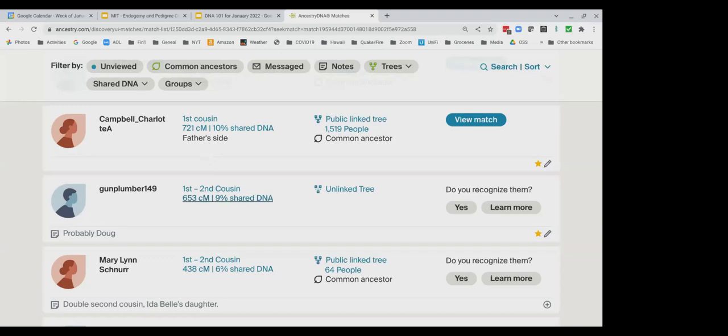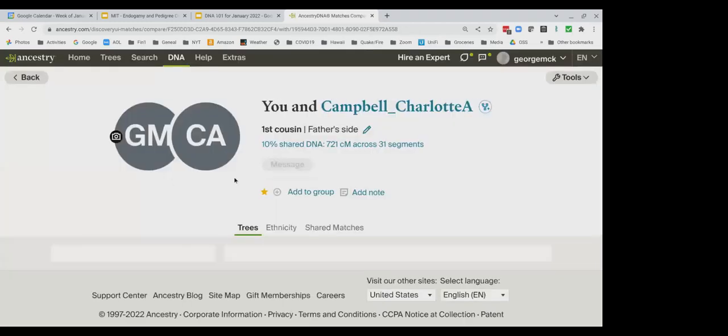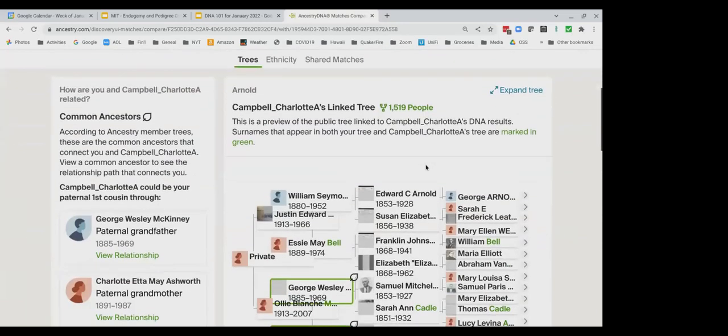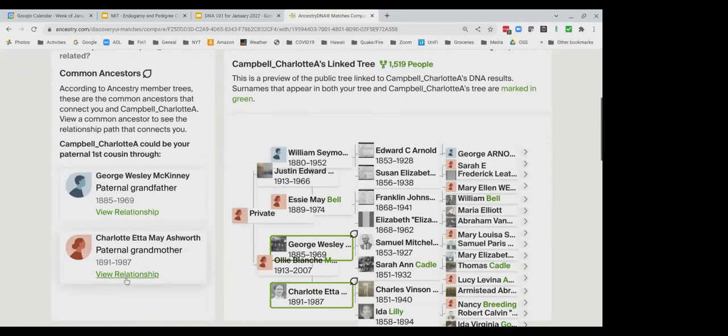Now with Charlotte, I can click on her name, and what it brings up at this point is her ancestry. This is her tree she put into Ancestry. She has two possible relationships. Would you believe we share the same grandfather and the same grandmother?